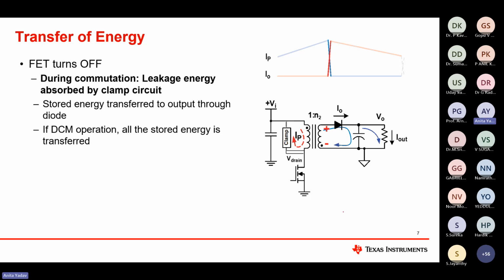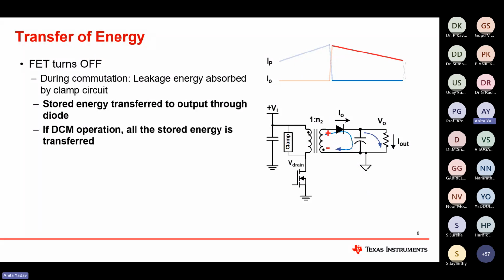And once this starts building up, the moment it reaches the reflected output voltage of V in by N plus V out, then on the secondary, the magnetizing inductance gets charged fully, and the polarity across it gets reversed. Thus this diode becomes forward biased, and the energy from primary to secondary starts getting transferred.